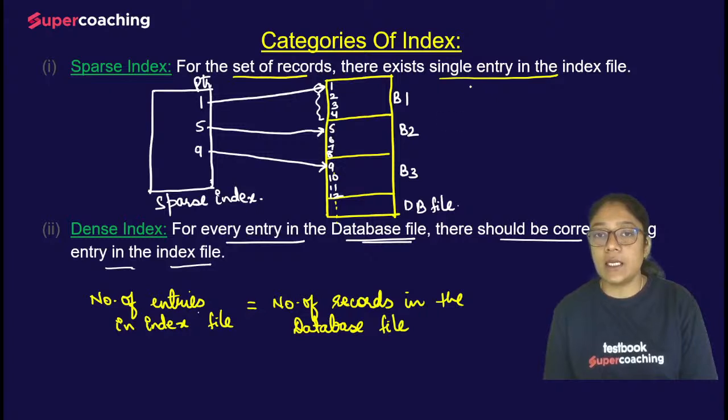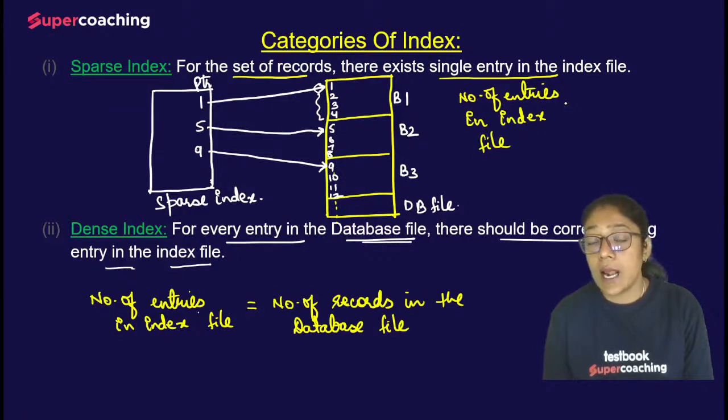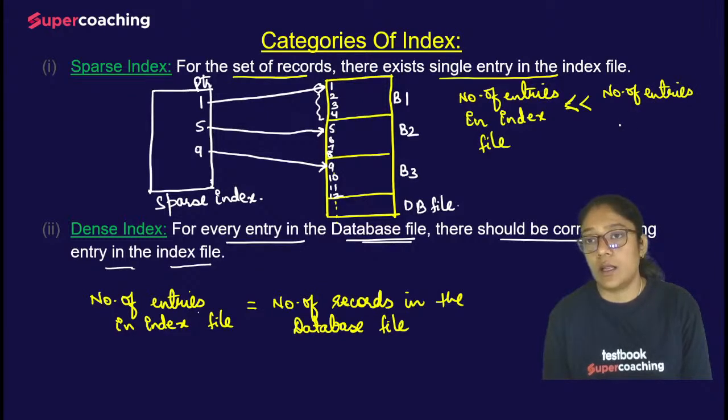Whereas in the sparse index, the number of entries in the index file is smaller than the number of entries in the database file.